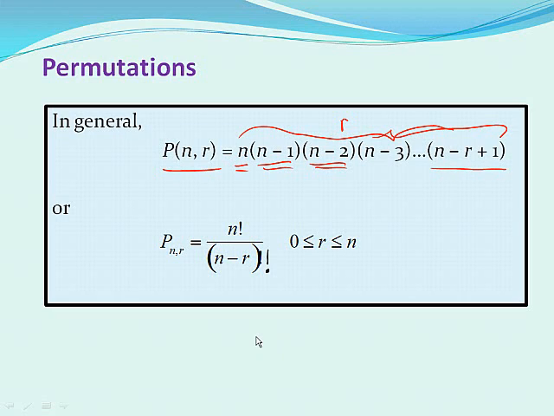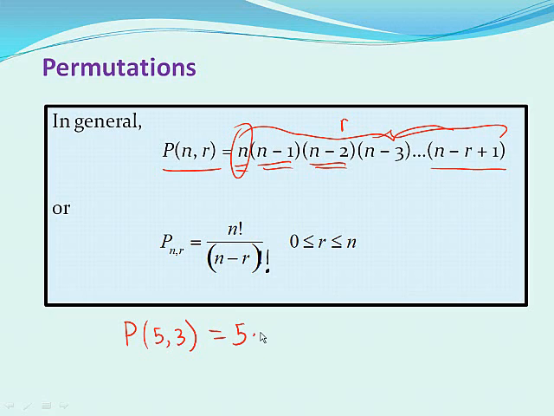A numerical example will be something like this. P5, 3, which is the number of permutations of 5 objects taken 3 at a time, will start with 5, which is our n here.